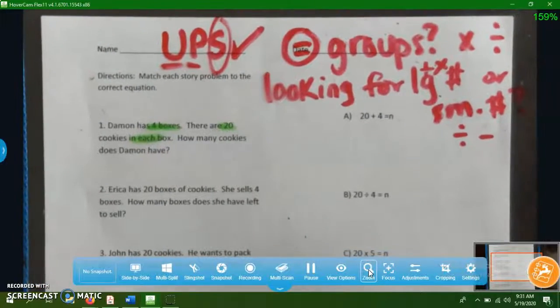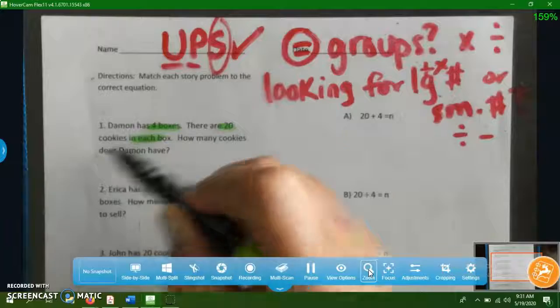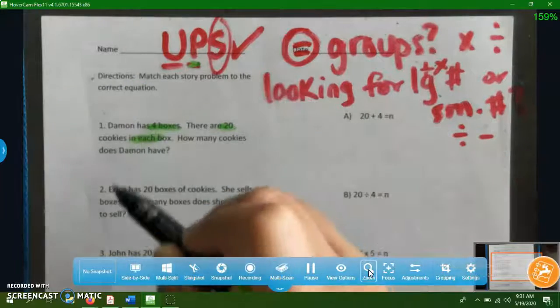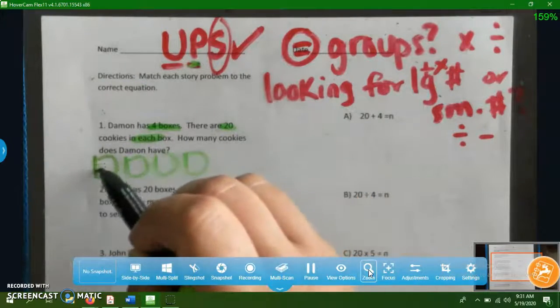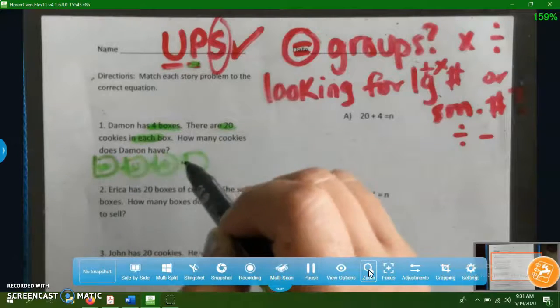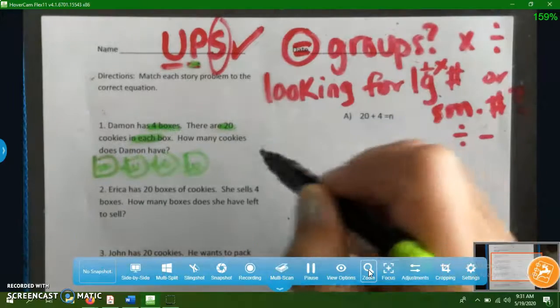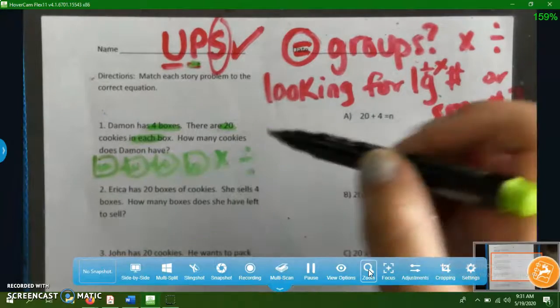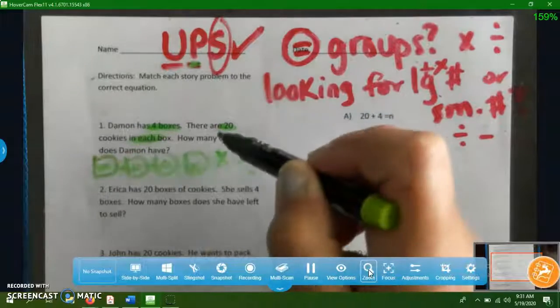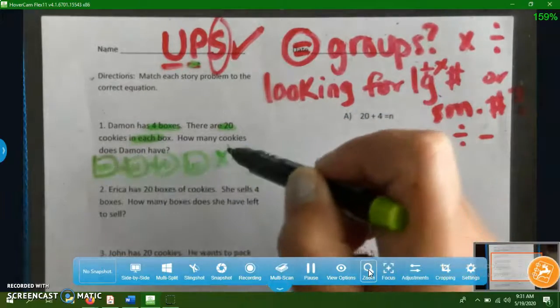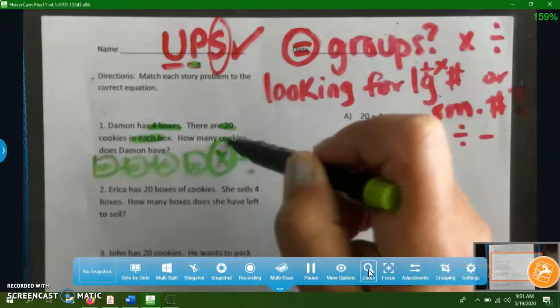So, Damon has 4 boxes. There's 20 in each box. If I was planning this out, I would think 4 boxes, 20 in each box means that I have equal groups. So I'm already thinking it's going to either be multiplication or division. How many cookies does he have? Well, he has more than 20 because there's 20 in every box, which means I'm looking for a larger number.